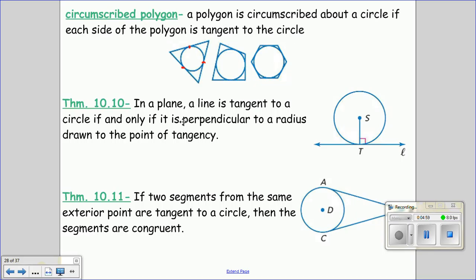Theorem 10-10. In a plane, a line segment is tangent to a circle if and only if it is perpendicular to a radius drawn to the point of tangency.